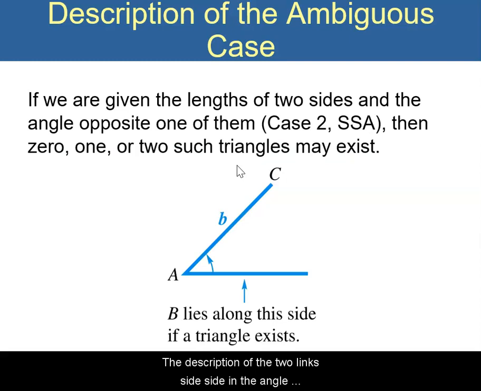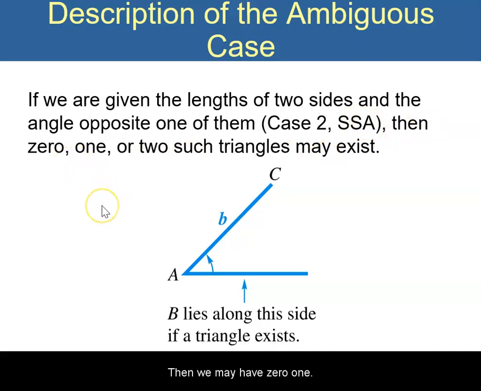So the description of the ambiguous case. If we're given two lengths, side side, and the angle that's opposite of one of them, that's the A, then we may have 0, 1, or 2 triangles that satisfy those conditions.